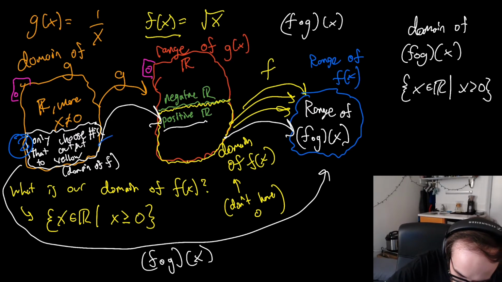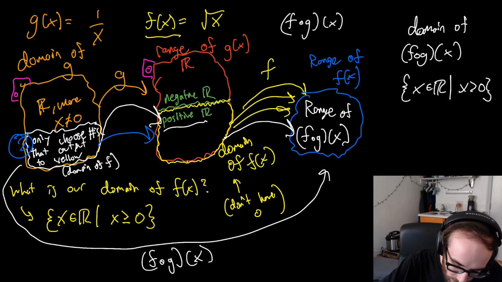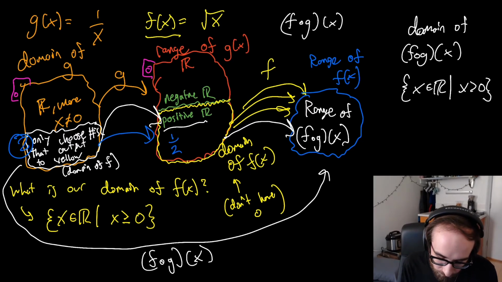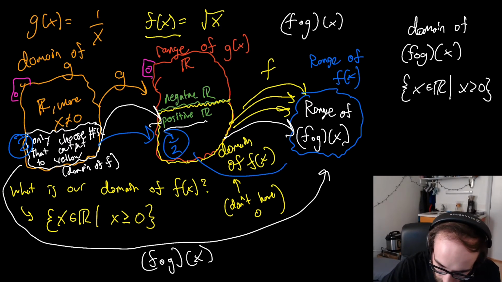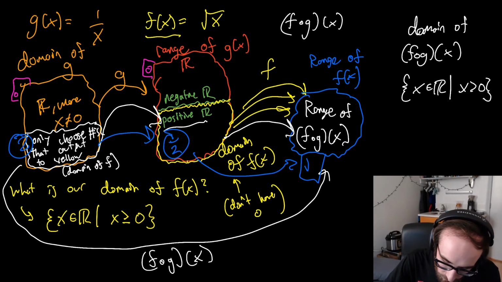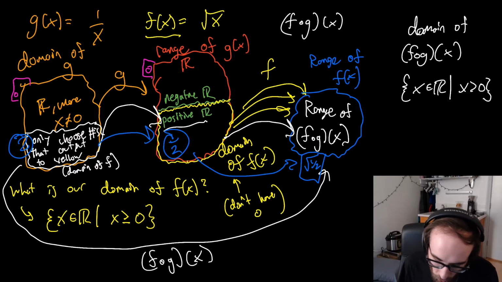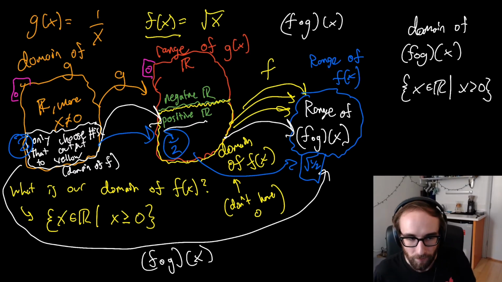So if we plug in 2, our output is going to be 1/2. Then we can take 1/2. It's a positive output, so we can plug it into f. If we plug it in, we end up with an output that is the square root of 1/2. So 2 is in our domain, and then the square root of 1/2 is in our range.